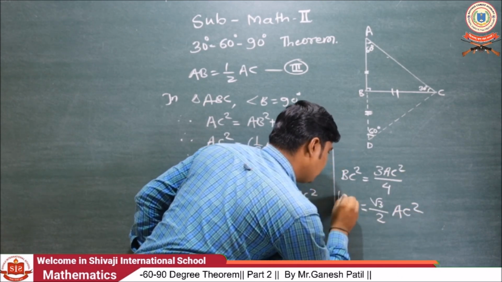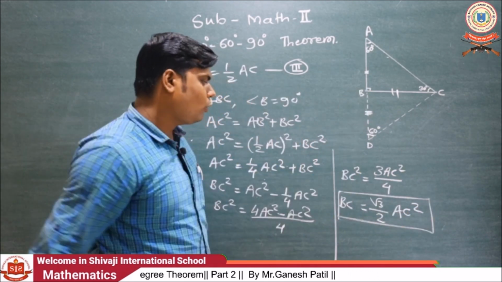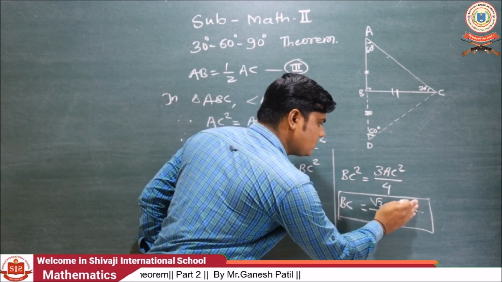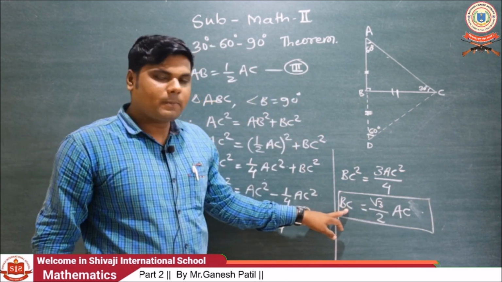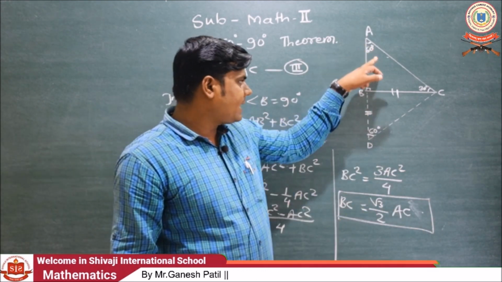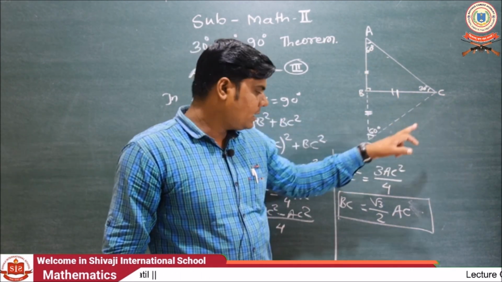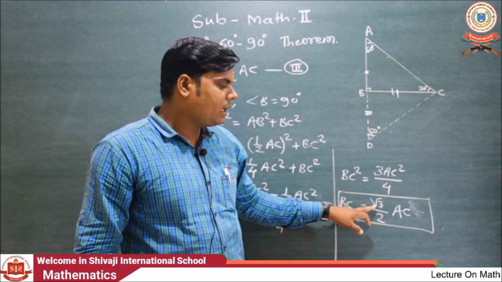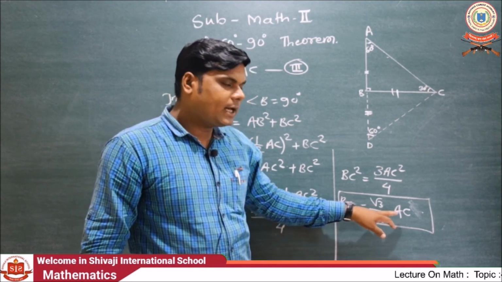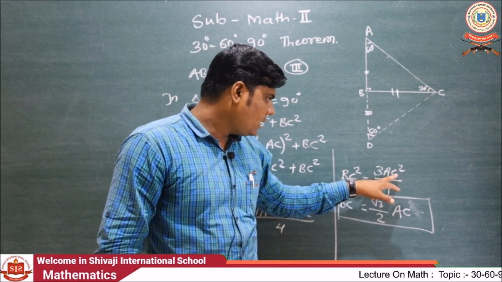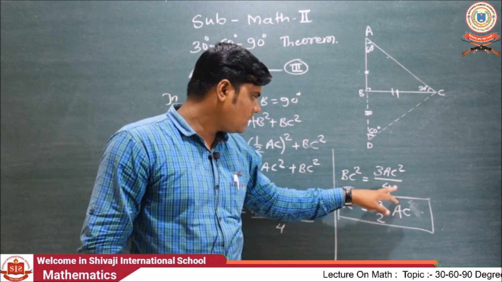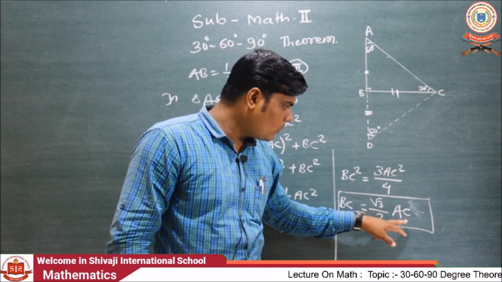This is the proof of the second part. BC is the side opposite to the 60 degree angle, and the side opposite to 60 degrees is under root 3 by 2 times its hypotenuse. Here the square root of AC square is AC.